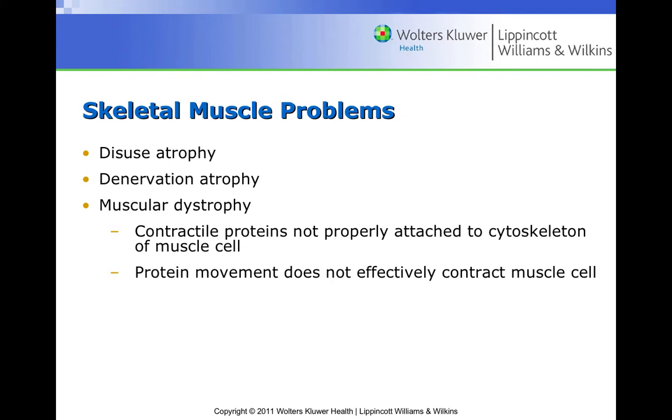In muscular dystrophy as a disease process, and this is a genetic disorder, the degeneration of the skeletal muscle fibers becomes progressive, and the muscle fibers are actually replaced with fat and connective tissue.